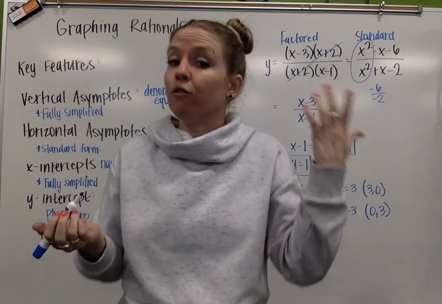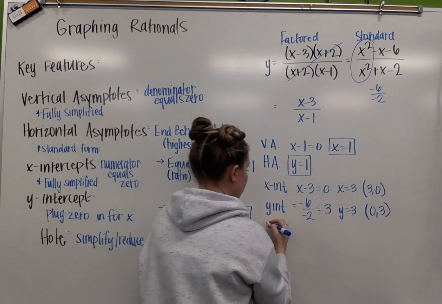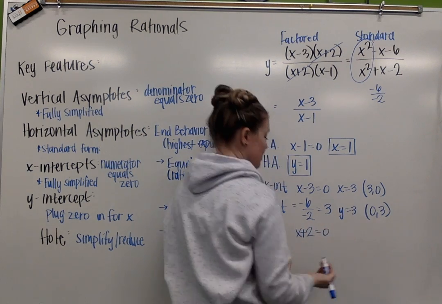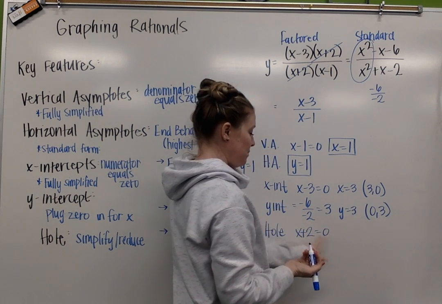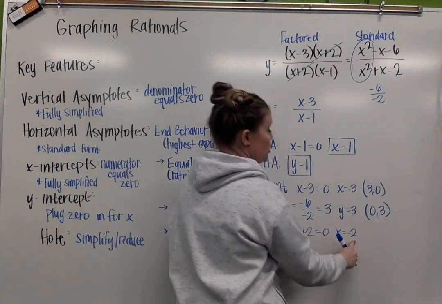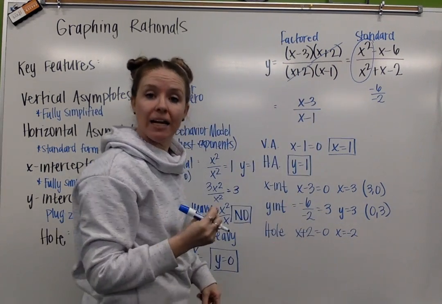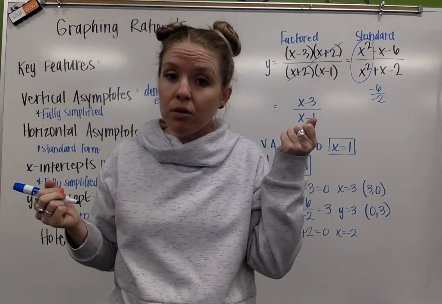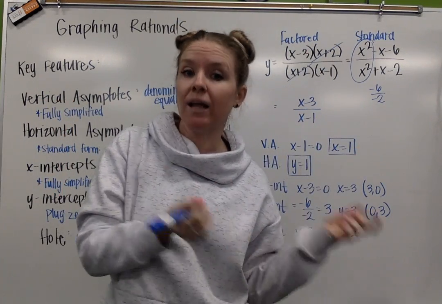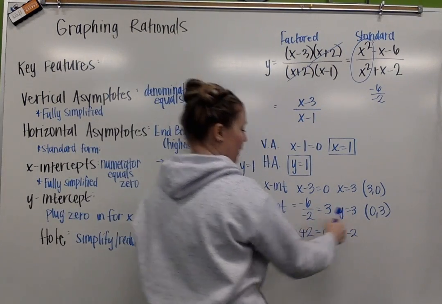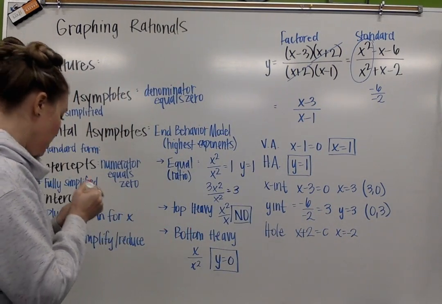I'm going to remove it from the graph. So the hole in the graph happens where that equals 0. The reason it becomes a hole is because if I plug in negative 2, I'm still dividing by 0, which could create a vertical asymptote. But because I removed it, it's now a hole instead of a vertical asymptote. So I have a hole where x equals negative 2.